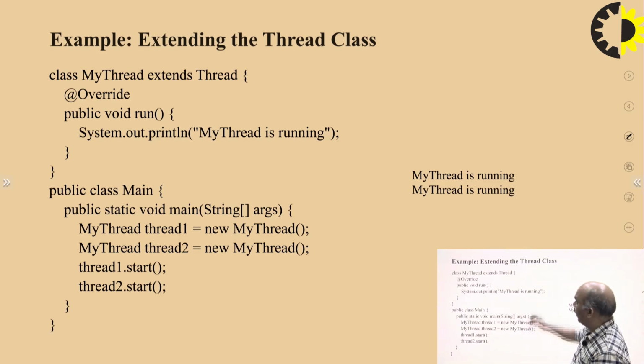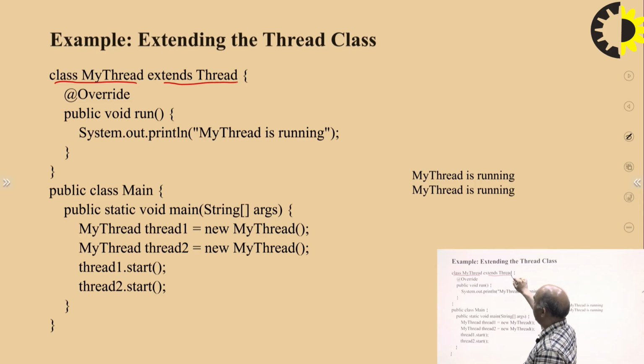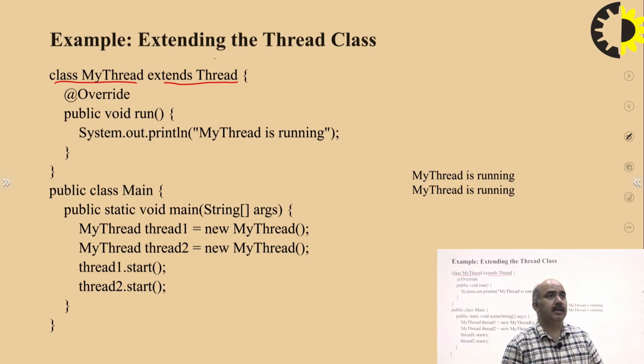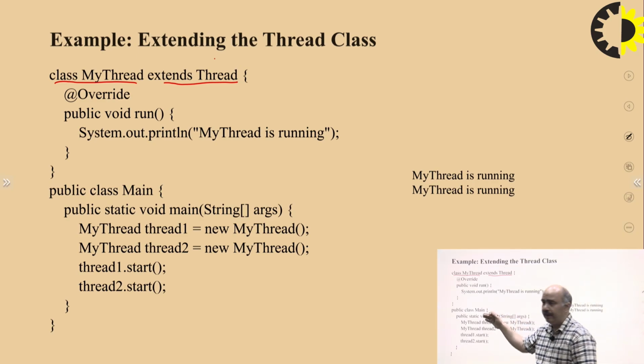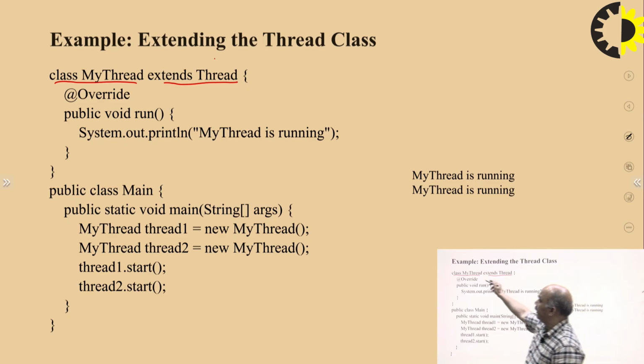This is an example where we are creating a class MyThread which extends Thread, and we are using the overriding concept, which will call the methods defined in Thread. We override those methods, and we can execute our code within this class.